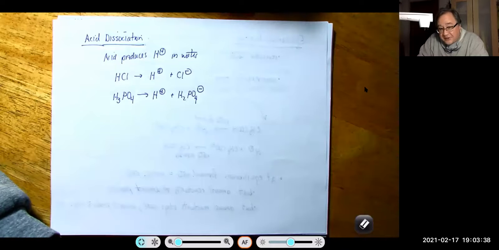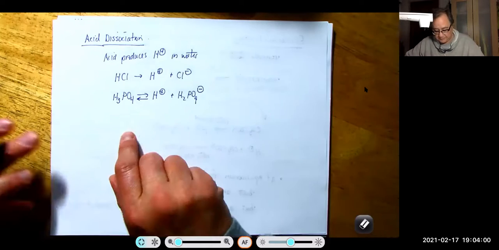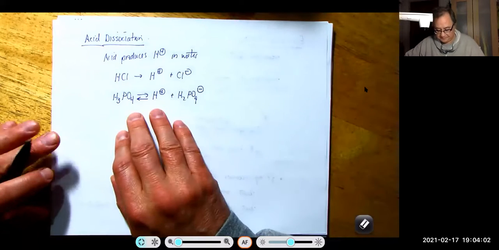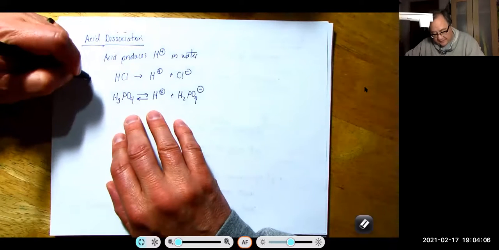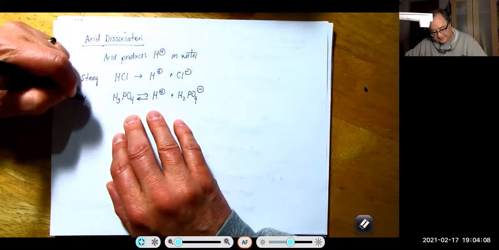And now I'm going to add something. Which one of these reactions is reversible, the top one or the bottom one? Bottom one, definitely. Okay. So this is a strong acid and this is a weak acid.